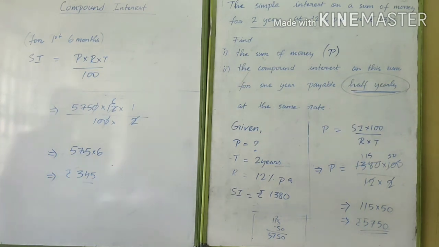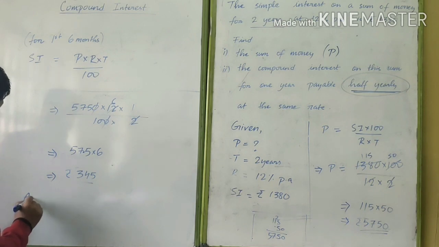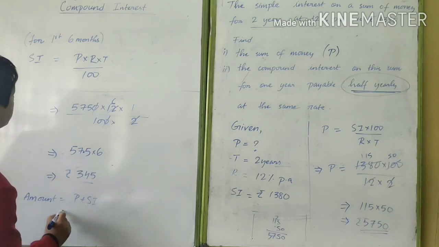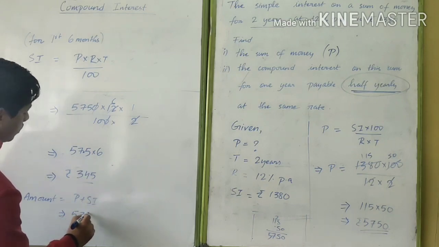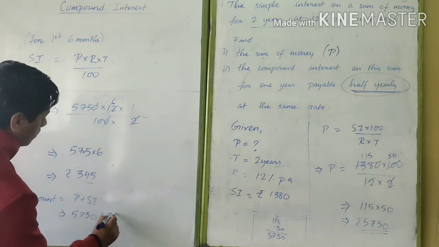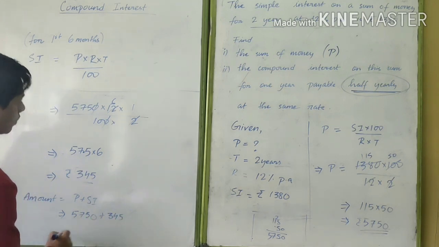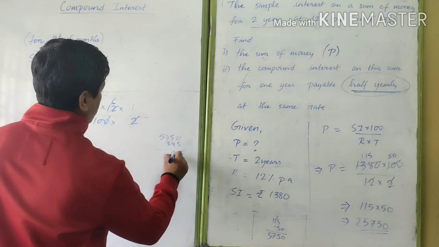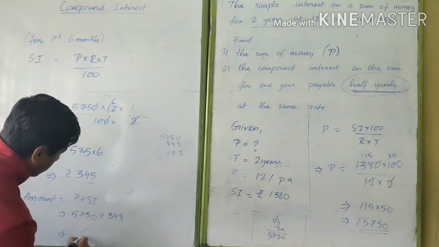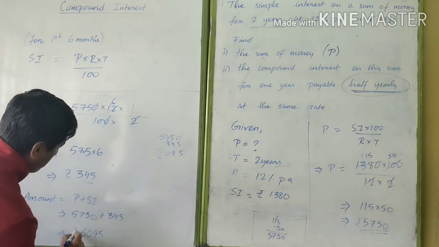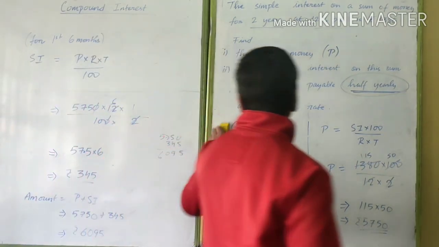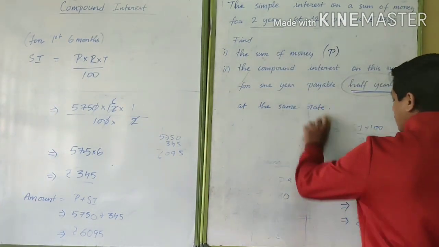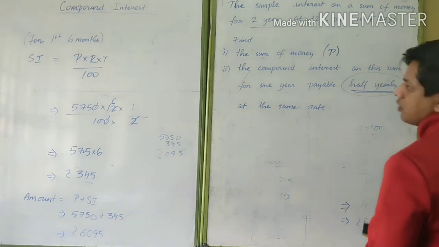Now again, we will use the formula of amount, that is amount equals P plus SI. My P is 5750 plus my interest 345. This gives me 6095 rupees. Now we will find the simple interest for the second 6 months.